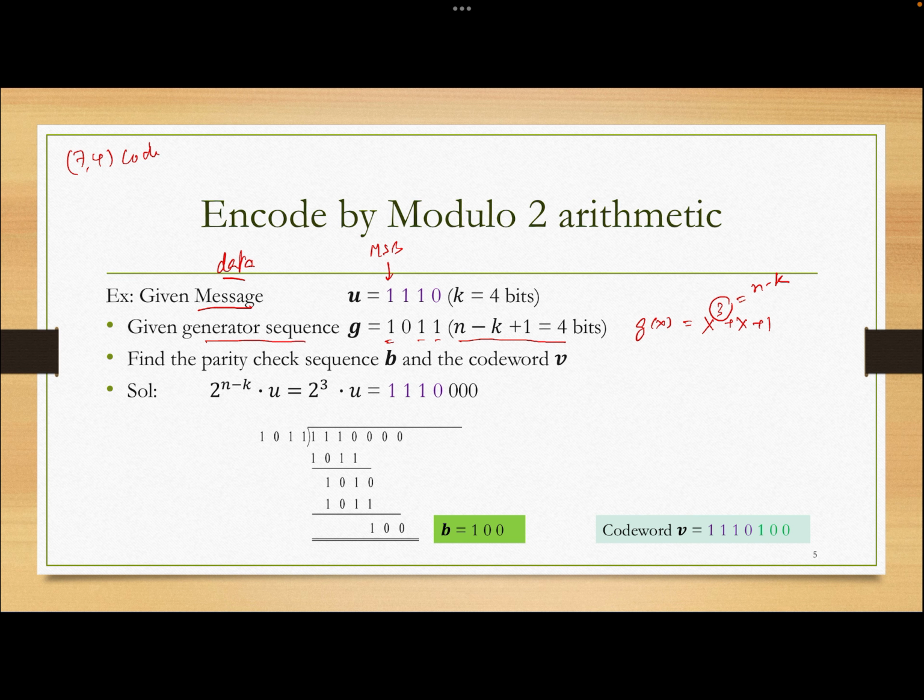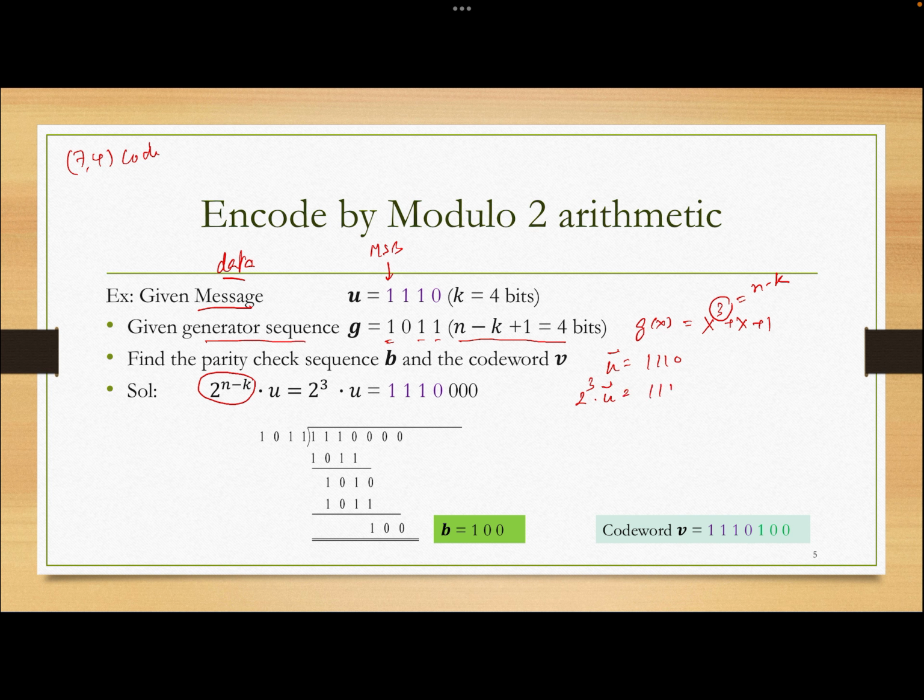And we want to find the parity check sequence and the code word, basically. The code word we call vector v. The parity check sequence is called vector b. So first you have u, then you shift it to the left by the number of check bits, so you multiply by 2 to the n minus k, which is equal to 3.